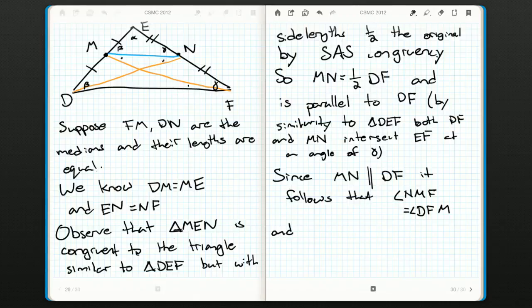And this one in here that we'll call X, by the exact same reasoning, we have MND is going to be the exact same angle as FDN.